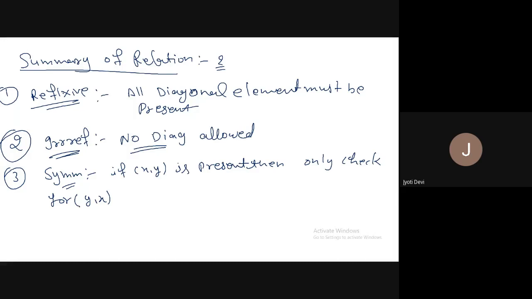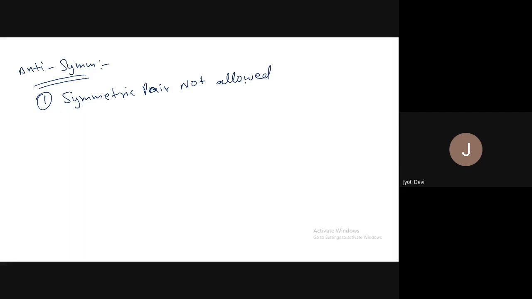So this is the symmetric. Next is your antisymmetric. In antisymmetric, the first thing is that symmetric pairs are not allowed, but the second thing is that diagonal is allowed.